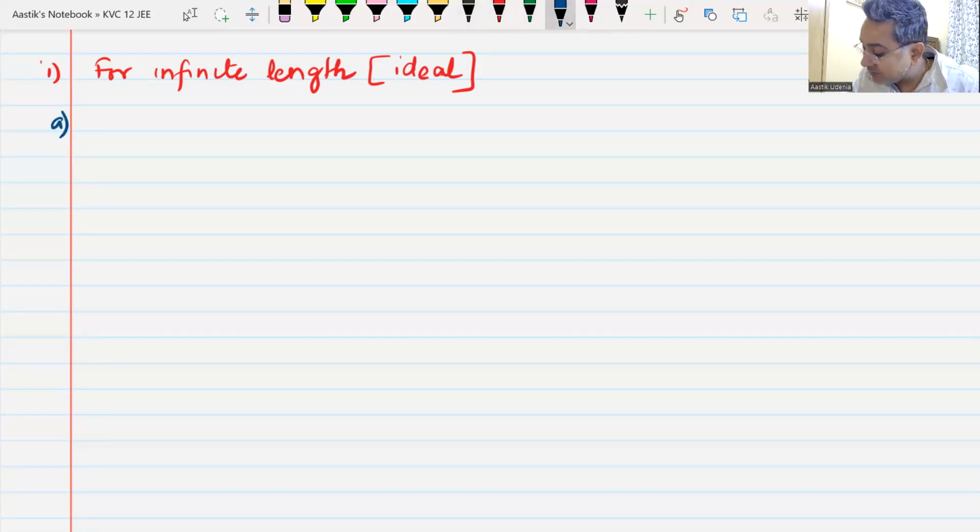You can reuse that result and tell me the final answer. For an infinite solenoid, which some people also call an ideal solenoid, what is the magnetic field inside the solenoid?